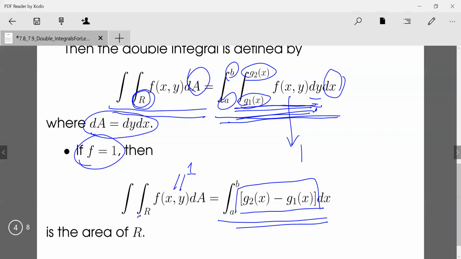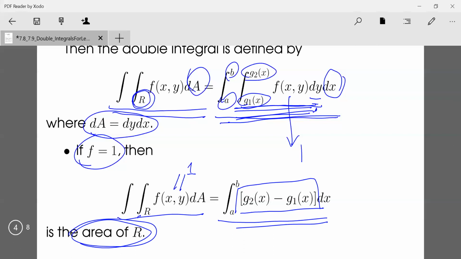We get the area of R. That's what we learned in calculus 1. Okay. So when the integrand is 1, the double integral is just the area of the integral domain R.